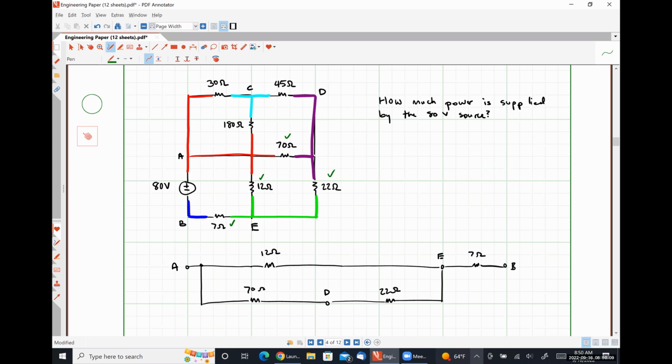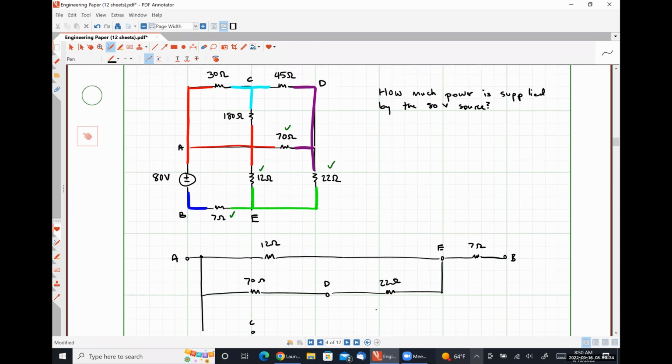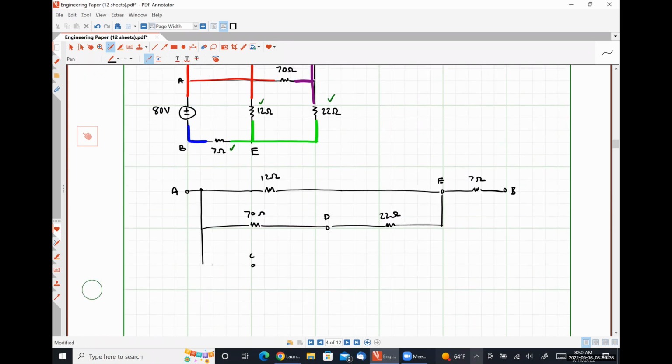Another way that I could go would be to go from A to C to D. But there are two different ways that I can go from A to C. So let's put C here. I can go from A to C through the 30 ohm resistor.